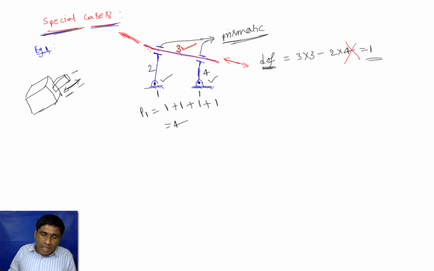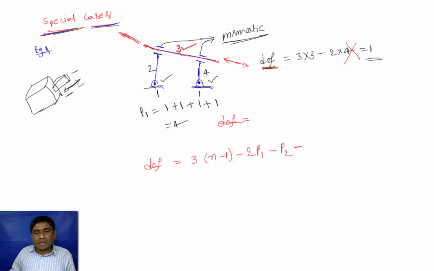And whenever you have a redundant link in the mechanism, the degree of freedom formula is modified. So degree of freedom equals 3 into n minus 1 minus 2p1 minus p2 minus fr, where fr equals the number of redundant links in the mechanism.